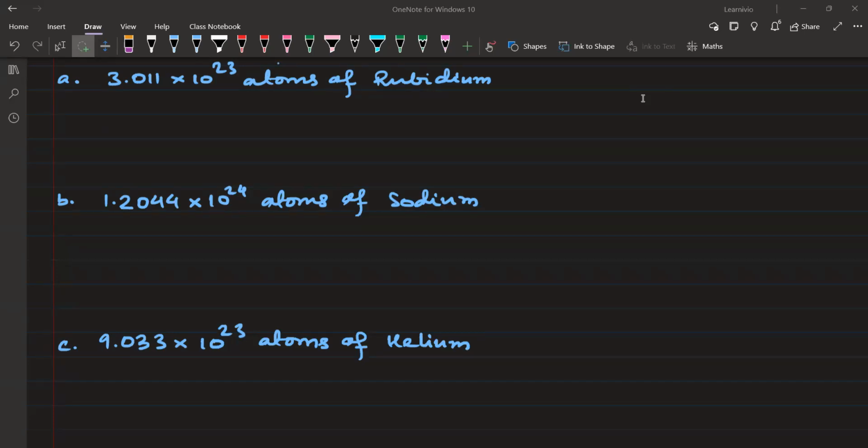Calculate the rest, B and C. Sir, should it be mole or mole atom? What, Zainab?